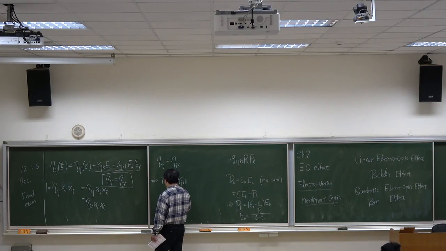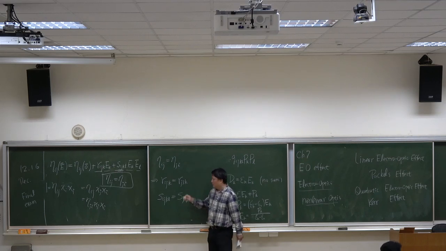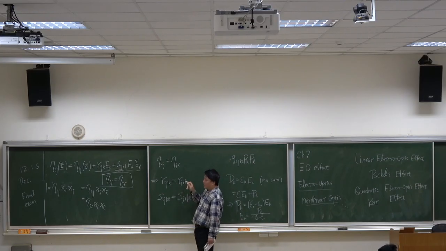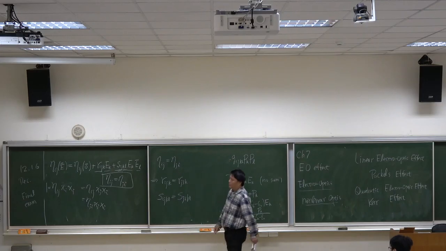Sijkl is equal to Sjikl. The reason is the same as Rijk equal to Rjik. However, we still have the possibility that we can change k and l because we can change the order of k and l without changing the result.